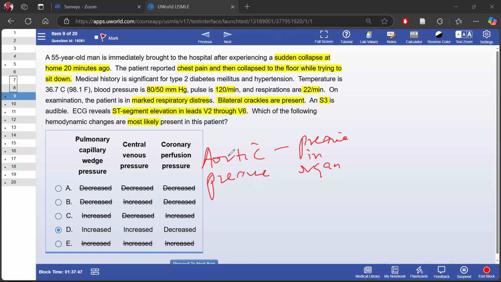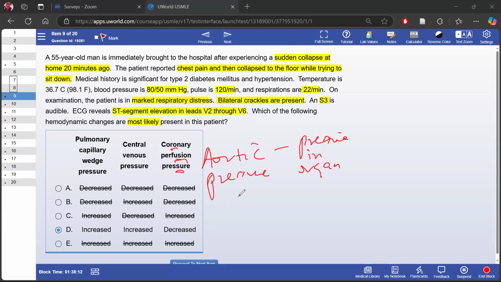The vessels in the organ. So if I want to estimate the coronary perfusion pressure, it's going to be the aortic pressure, typically the diastolic pressure in the aorta, because the coronary artery fills during diastole. The diastolic pressure in the aorta minus the pressure in the coronary artery. That will give me the perfusion pressure of the coronary vessels.